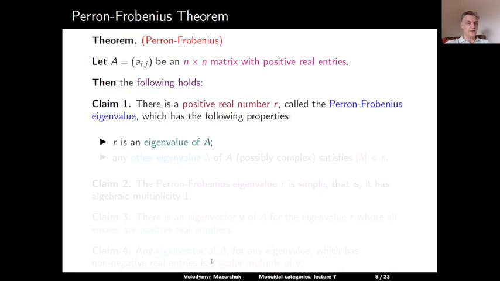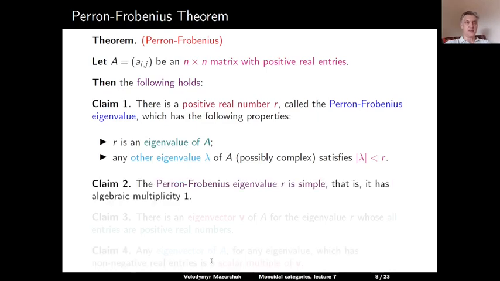R is an eigenvalue of A, and any other eigenvalue lambda of A, possibly a complex eigenvalue, satisfies the following inequality: the absolute value of lambda is strictly smaller than R. Claim 2. The Perron-Frobenius eigenvalue R is simple, that is, it has algebraic multiplicity 1.